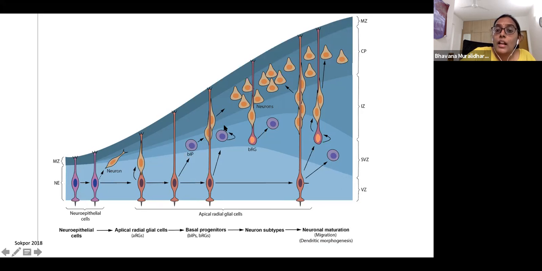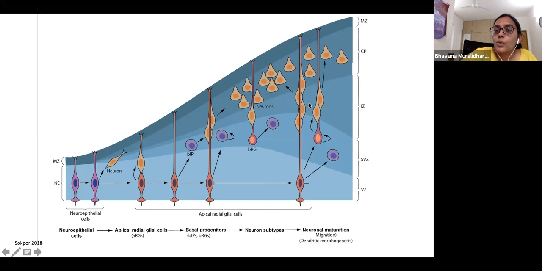Then this is followed by another zone of progenitors. It's called the subventricular zone. And these are more restrictive in potential, in the sense that the potential to divide and generate all cell types of the brain exists only in these apical progenitors. And that becomes restrictive as the cells go from the ventricular zone to the subventricular zone.